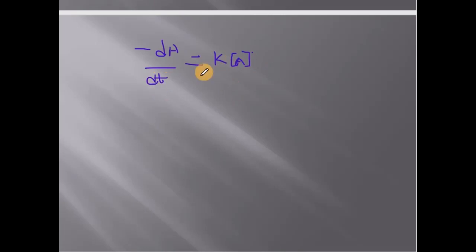So we're going to cross multiply. So we're going to have minus dA over A, that's the A concentration, to be equal to k dt. Next, move the negative to this side. So we have minus k, and this side becomes what?